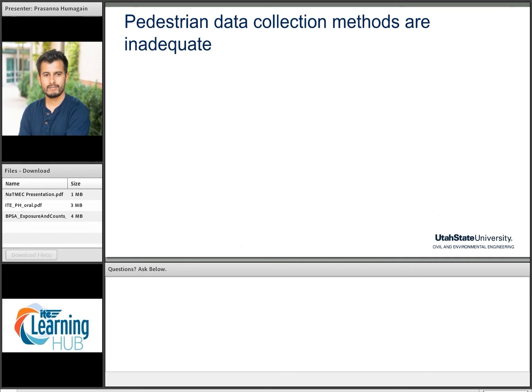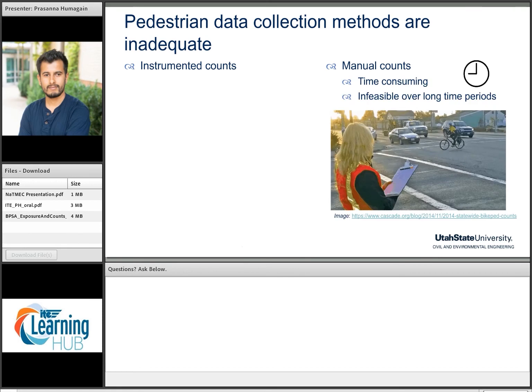So existing methods for counting pedestrian activity at intersections can be classified into manual and instrumented or automatic approaches. Manual counts involve collecting pedestrian volume in real time or later using video recording. However, they are time consuming and infeasible over long time periods.